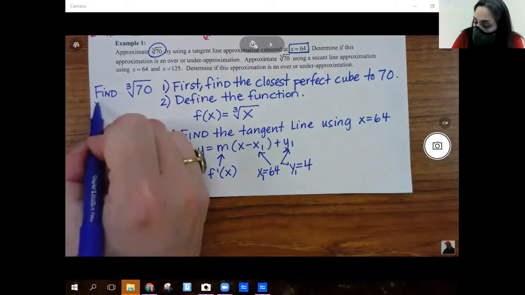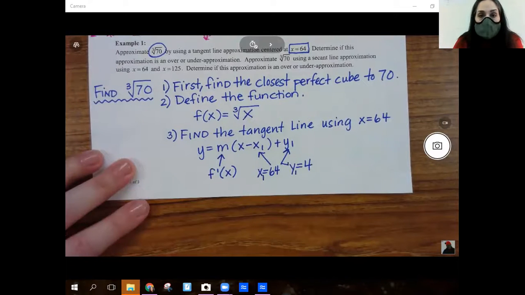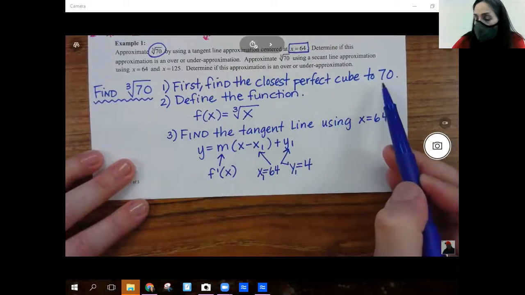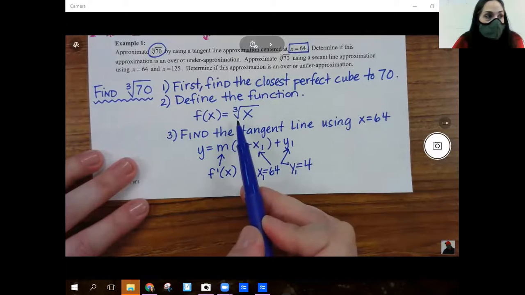So the whole goal here is to estimate the cube root of 70 without using a calculator and to have it be very accurate. At least we'll have 2 decimal places of accuracy. So what do we do first? We find the perfect cube closest to 70 and we define the function.